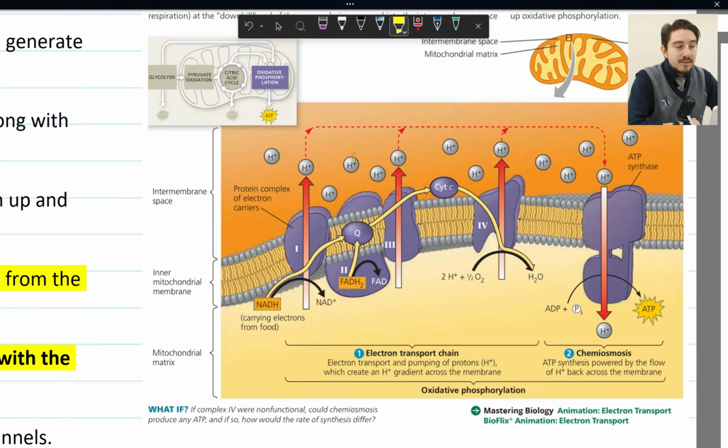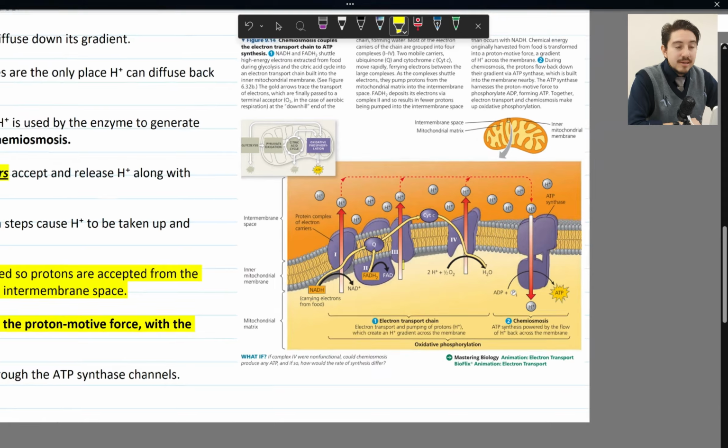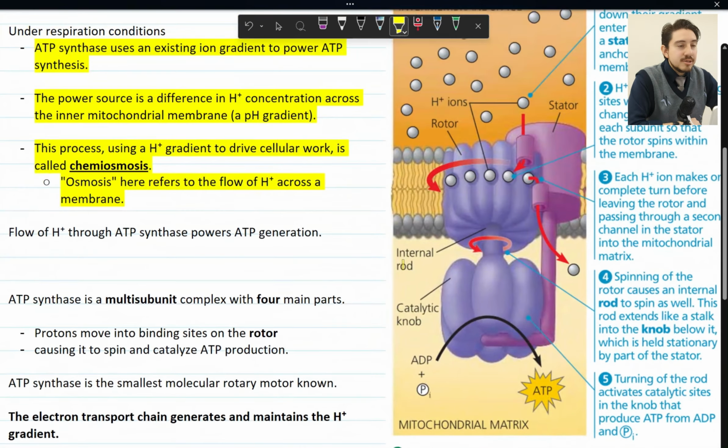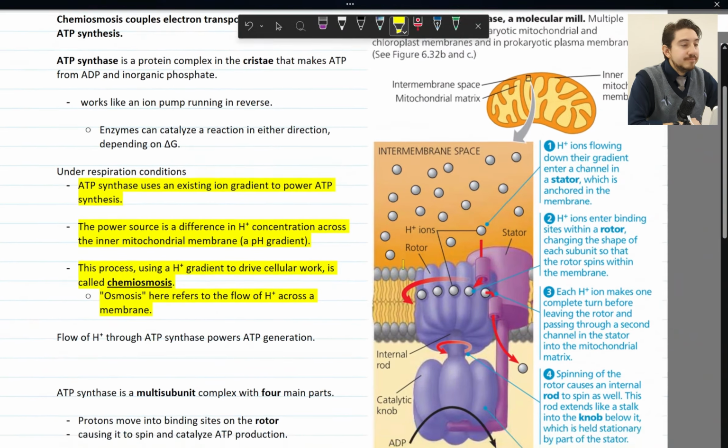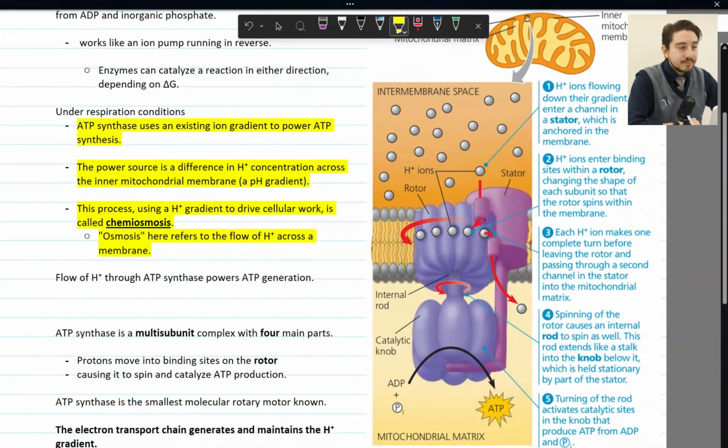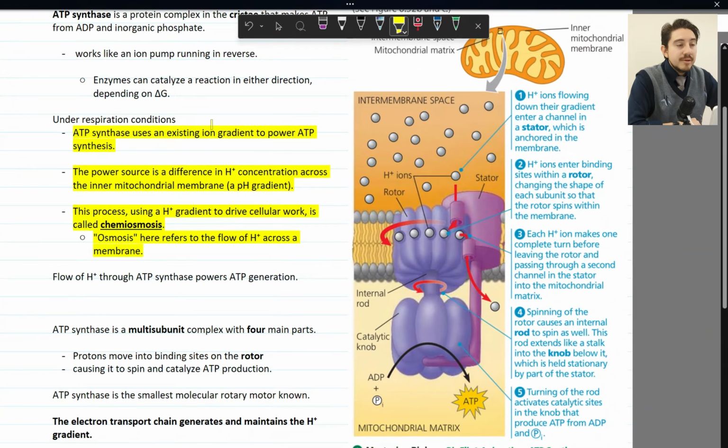So what's happening is that you're creating a concentration gradient, a high concentration of hydrogen ions, as you see here. I'm going to go back a little bit just to not get ahead of myself. But you're going to understand now what I mean by these ion gradients.